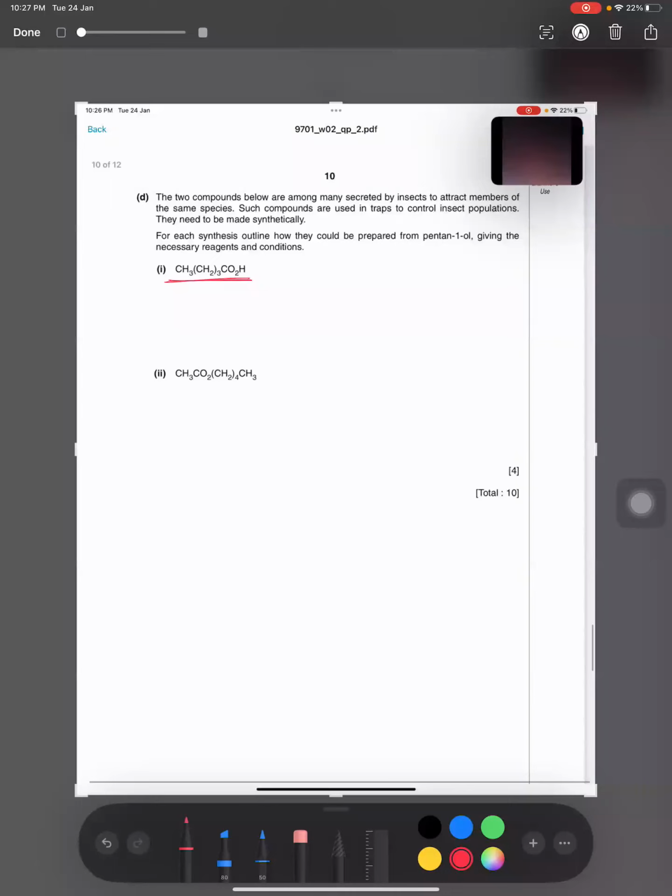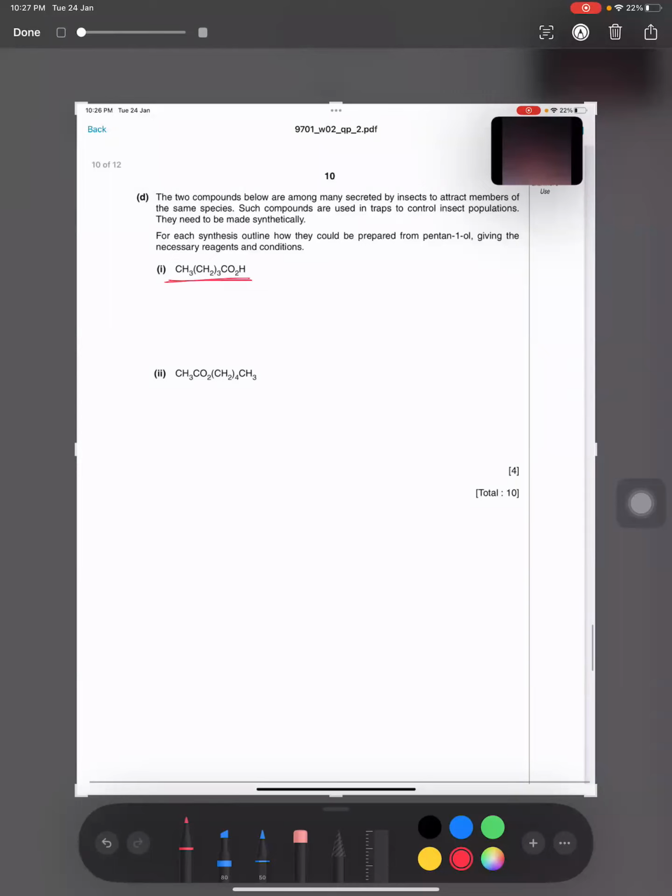What we need to do, bacho? Acidified potassium dichromate. And along with which conditions? Hot conditions. No, we need to heat under reflux. It's very important to remember whenever you have a carboxylic acid from alcohol, that is, if a carboxylic acid is forming from alcohol, the condition is heat under reflux.